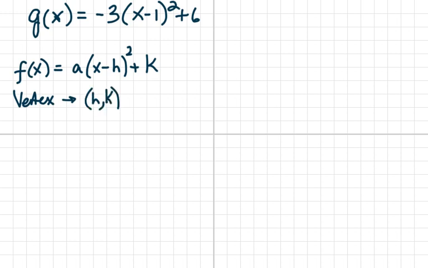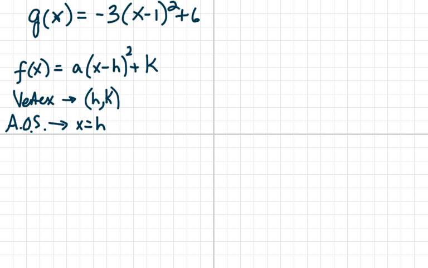It's basically taking your parent function and translating it right h and up k. Sometimes h and k can be negative. The other thing is the axis of symmetry, the line that defines the symmetry of the quadratic function, which is the line x equals h.